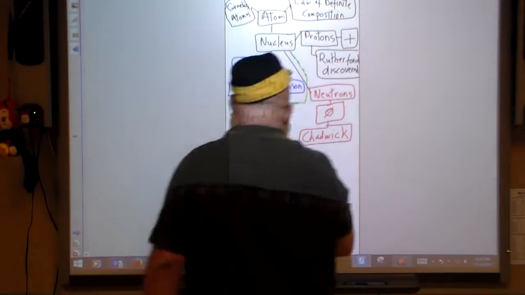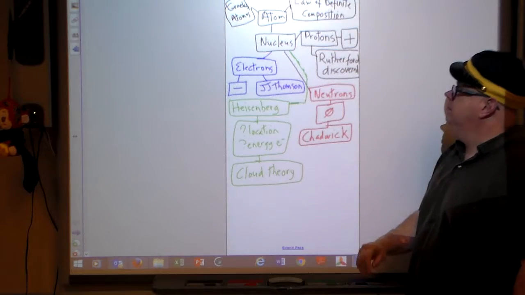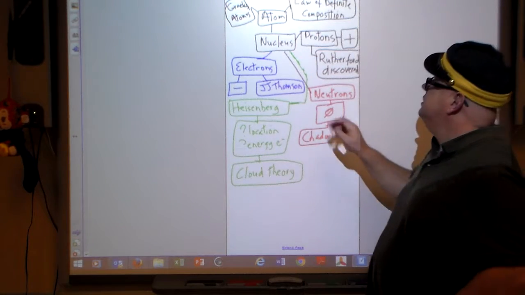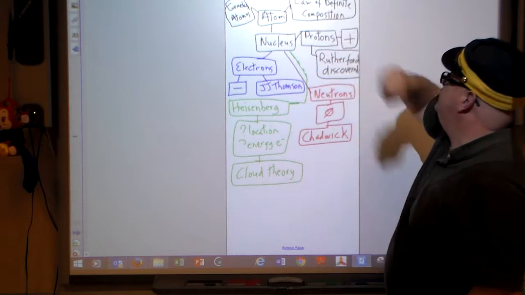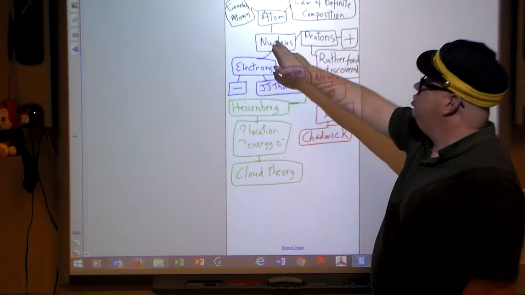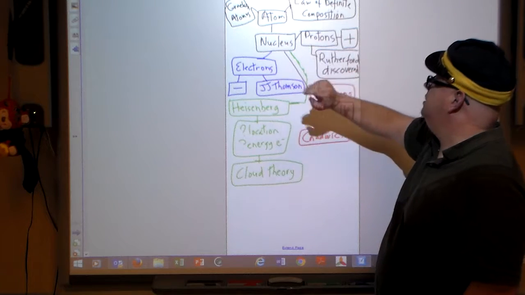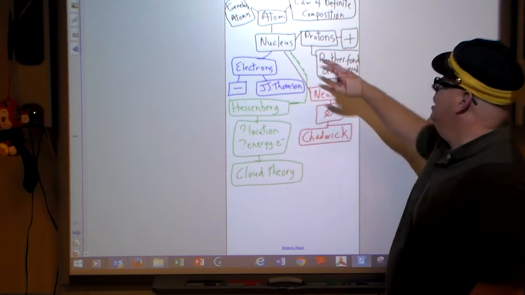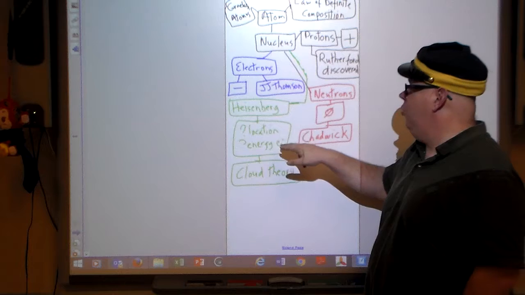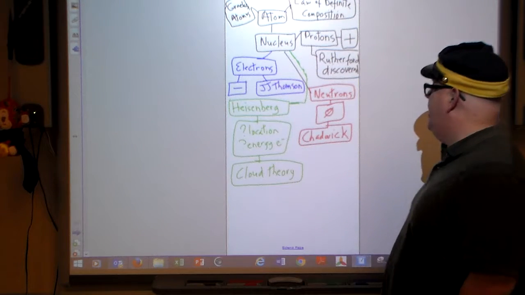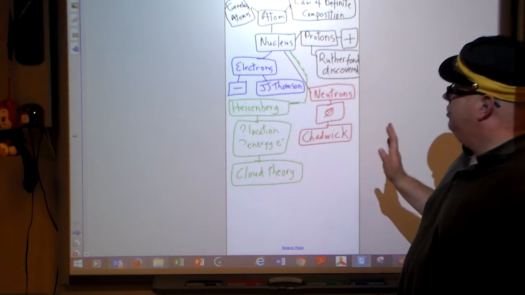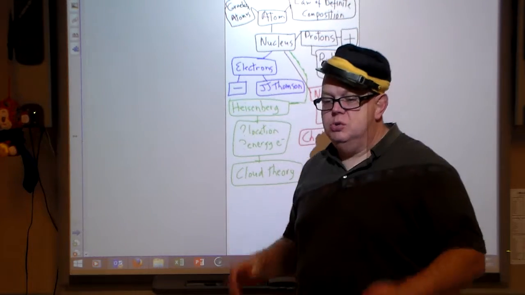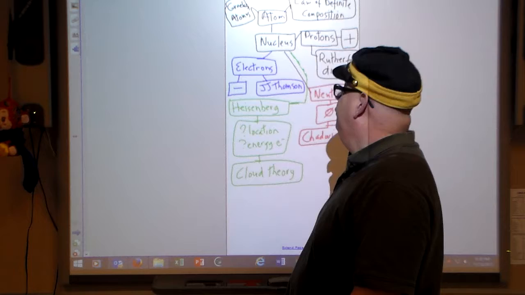So if I look back on the whole thing, you guys can see it: atom, Greeks and atoms, law of definite composition, nucleus of the atom, you got protons, electrons, neutrons. Heisenberg said we don't know where they are, we don't know what energy they have, and that's what led to the cloud theory. So that is it in a nutshell in terms of the history of the atom.